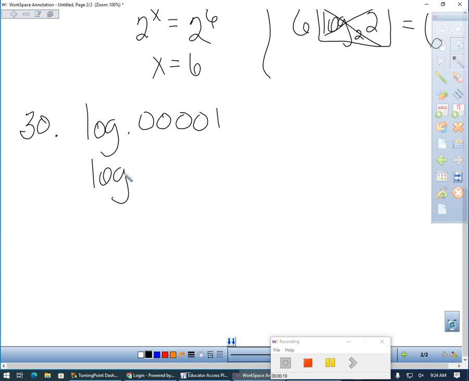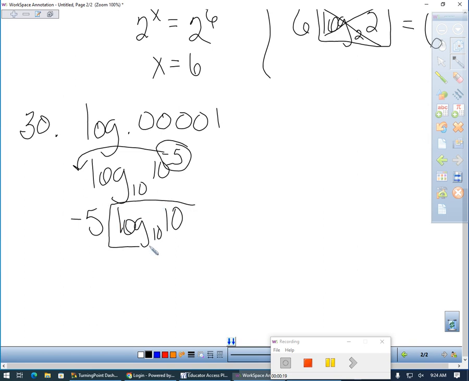Now when there's no base here, remember that's base 10, and this is 10 to the negative 5 power. So again, this negative 5 exponent can come out in front. So we have negative 5 log base 10 of 10. And of course, log base 10 of 10 is equal to 1. So I have negative 5 times 1, or negative 5.